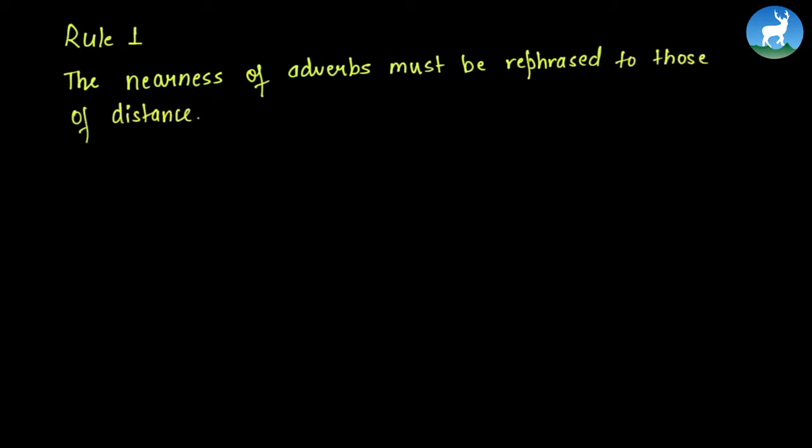So what do we mean by this rule? Suppose there is a sentence and it has an adverb now, then we must rephrase the adverb now to then. So you can notice that this is making a distance, whereas now is denoting nearness.